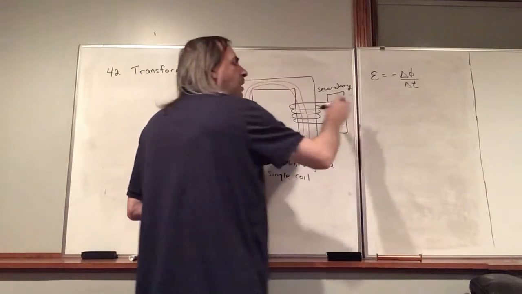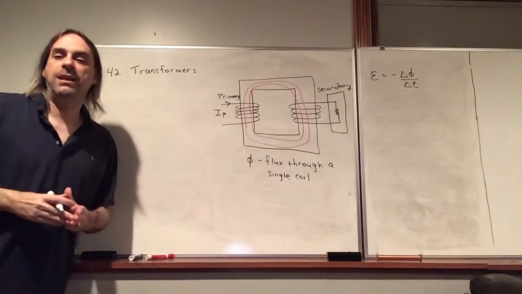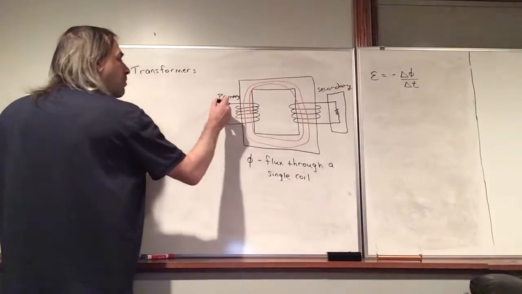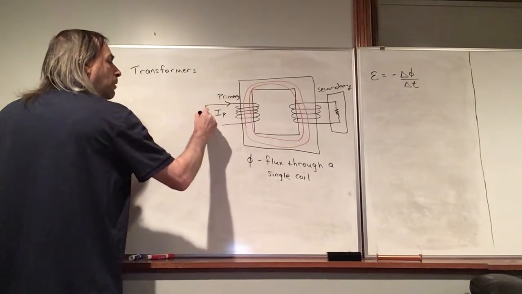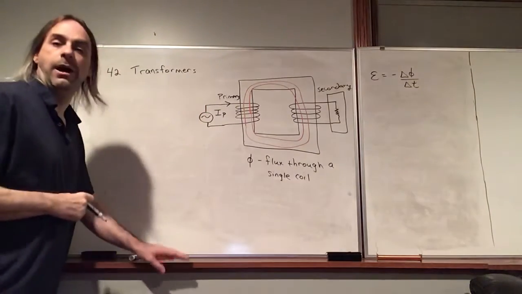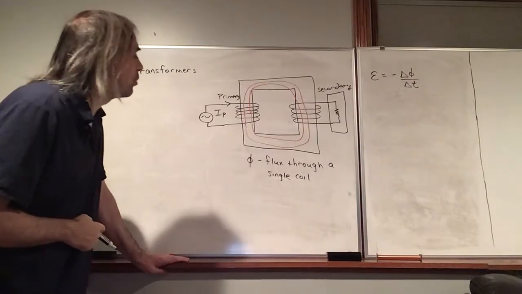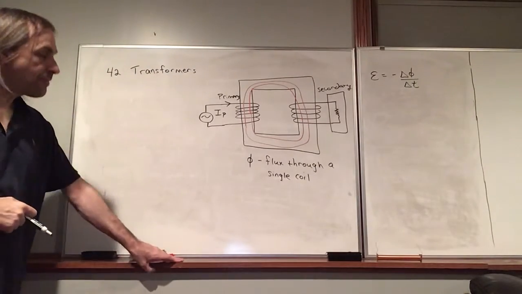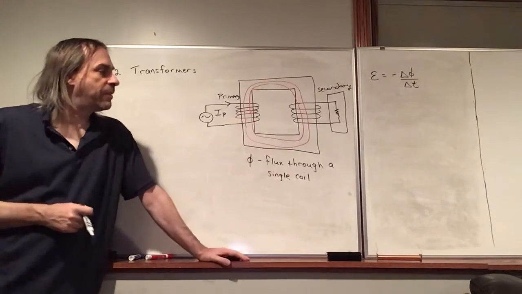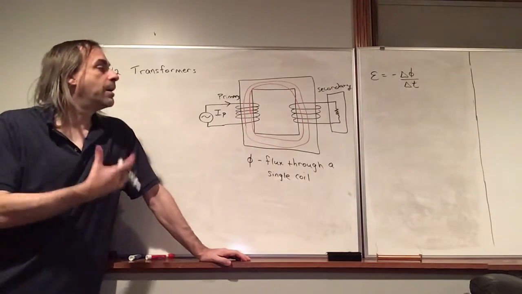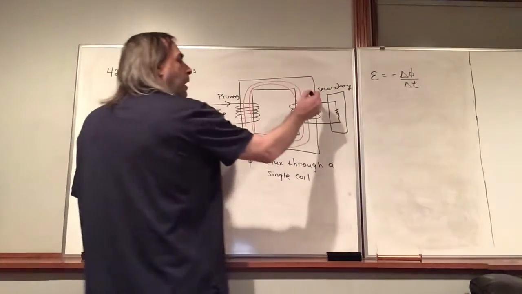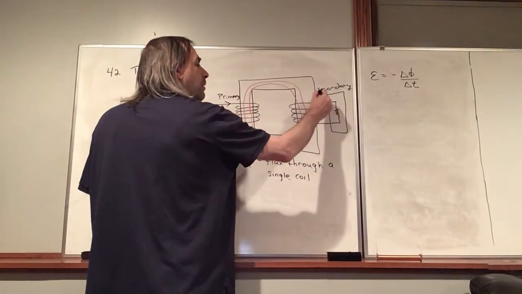So in Faraday's law, you get an EMF if there's a changing flux. And so what we're going to do is we're going to hook our primary coil up to an alternating current. So that squiggly line, that's a symbol used for an alternating current. And so if the primary current is constantly changing, this magnetic field is constantly changing, and we have a changing flux in the secondary coil, which will drive a current in the secondary coil.